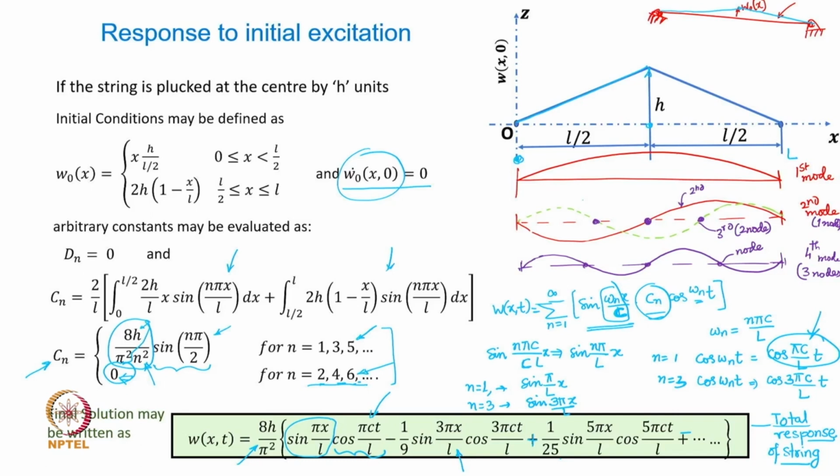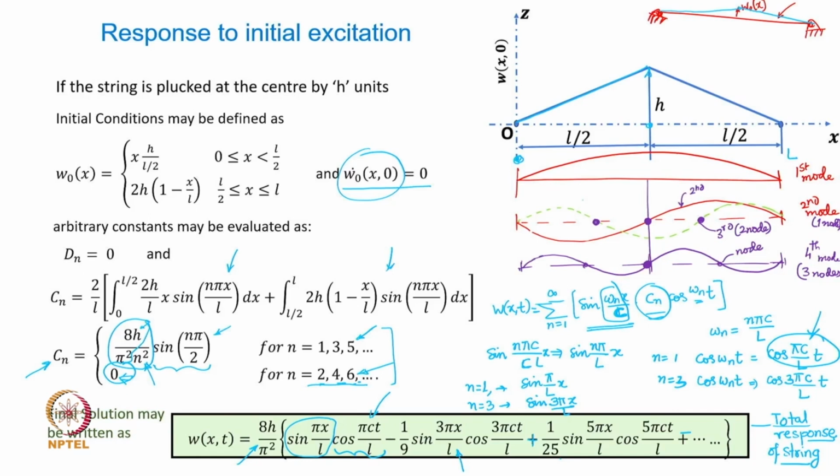Okay. In the third mode of vibration, this particular position and this particular position will have 0 displacement. And in the fourth mode, this position, that is again at L by 2, the string has to be having 0 displacement irrespective of the time at which you are looking at it.